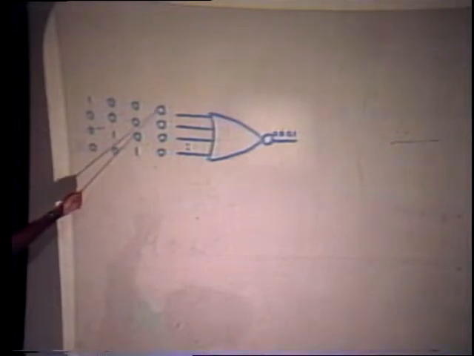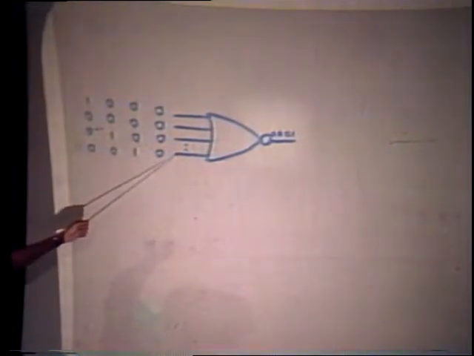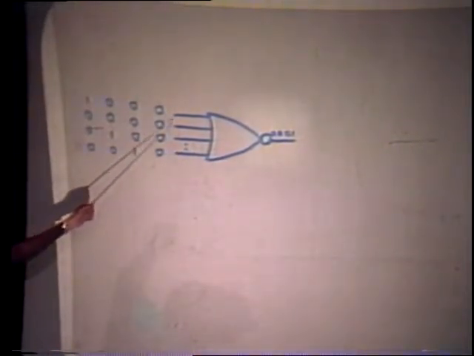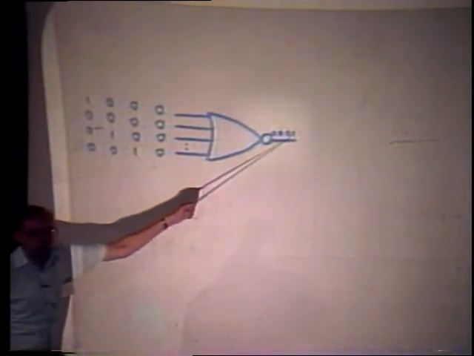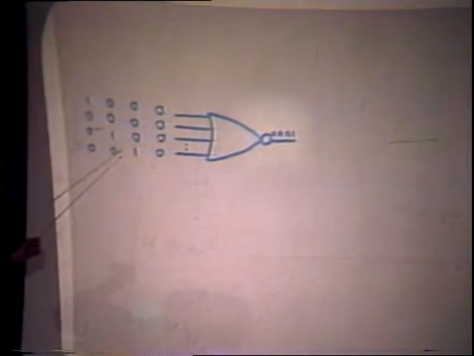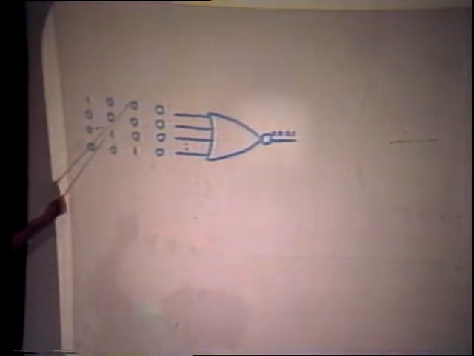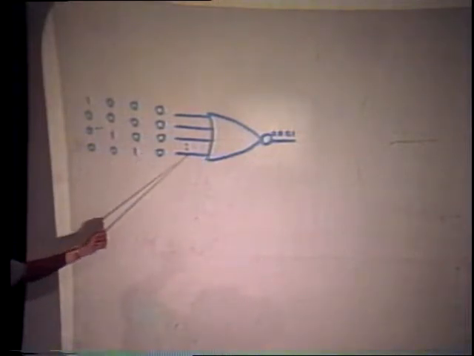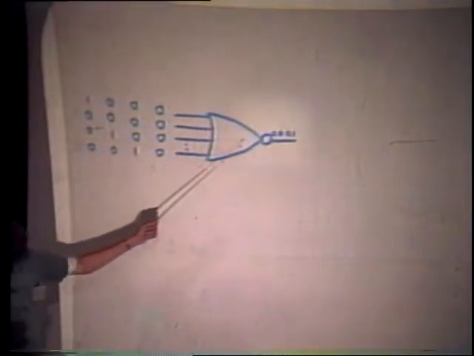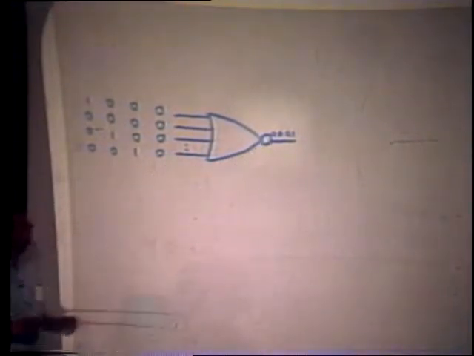Supply all zeros here, that will get stuck at 1 faults on each one of these leads, as well as it will get the stuck at 0 fault on the output lead because the fault-free output is 1. To get this stuck at 0 fault, we shift a 1 through this input. First we apply, let's say, 1 to this input and keep the remaining inputs at 0. By doing that, we would be sensitizing this path, and we get stuck at 0 fault on this lead, as well as we'll get stuck at 1 on that lead.